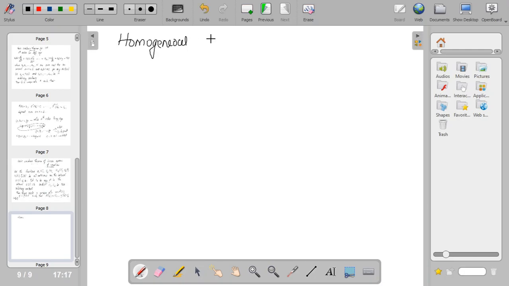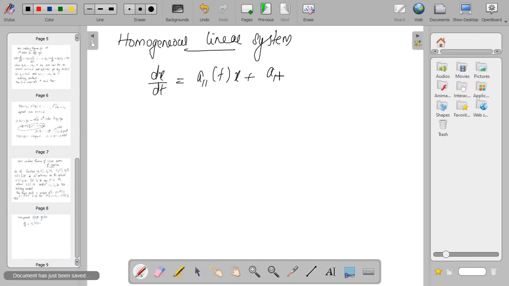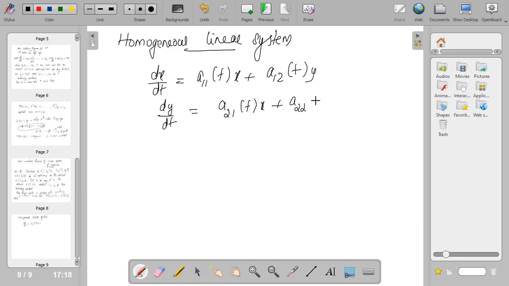Consider a homogeneous linear system. Let it be dx by dt equal to a11 of t x plus a12 of t y, and dy by dt is equal to a21 of t x plus a22 of t y.